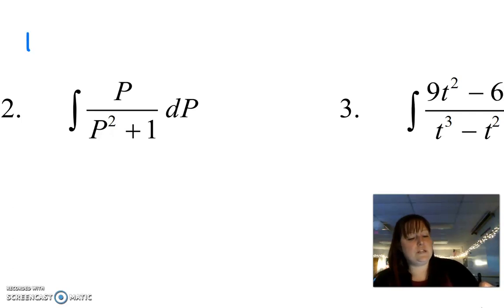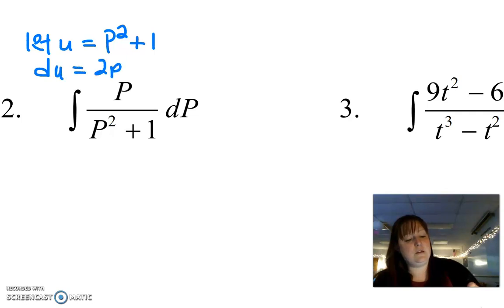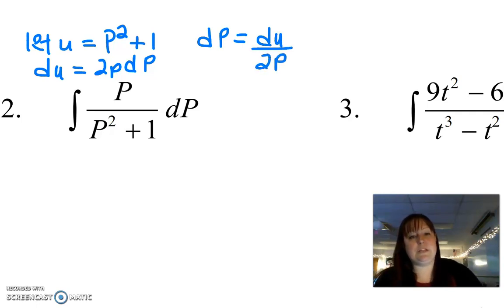Okay, so we're going to say let u equal p squared plus 1. So that means du equals 2p dp, and therefore dp equals du over 2p, because I just did some algebra to get dp by itself, right?